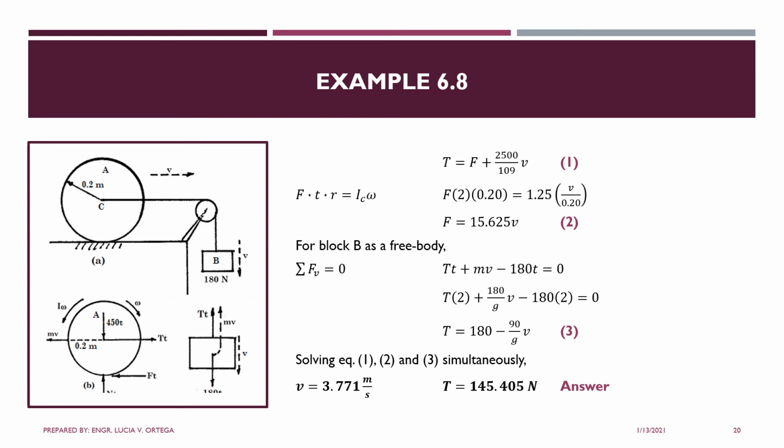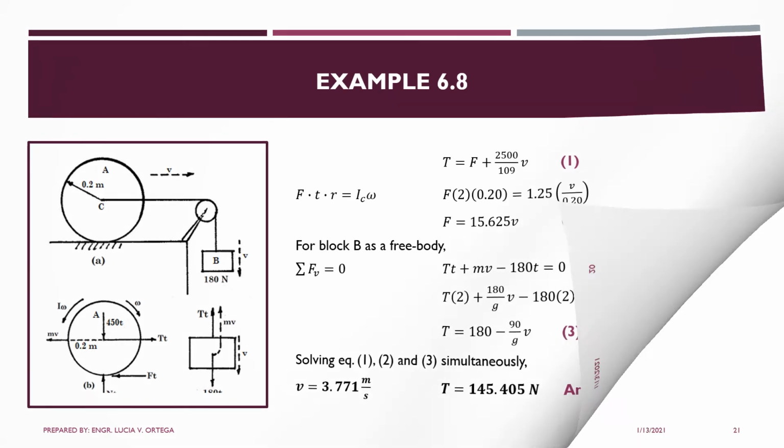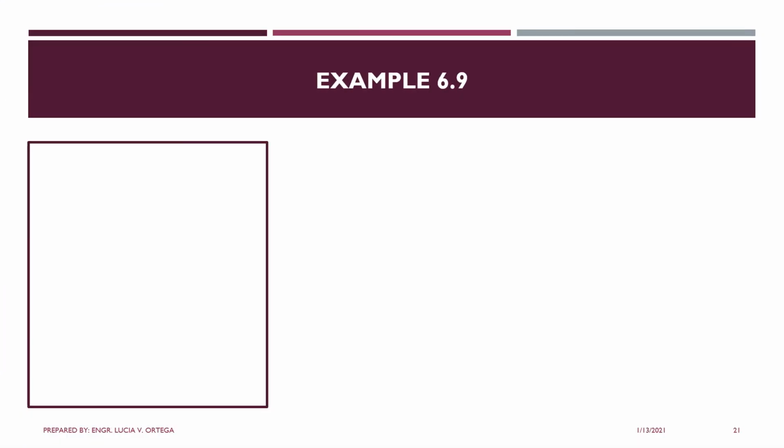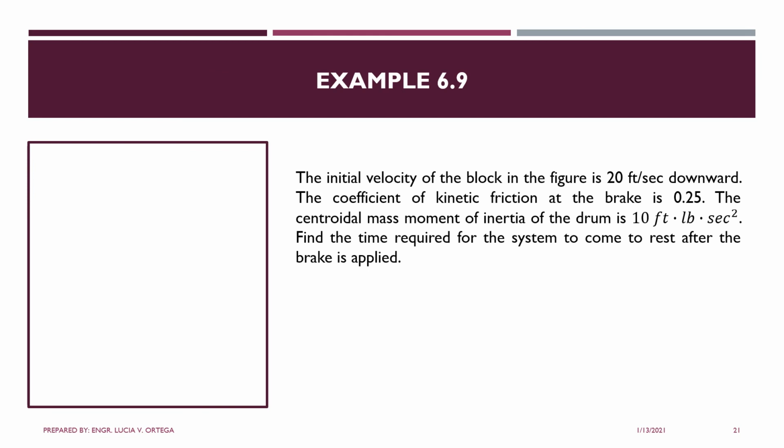We can substitute equation 2 to equation 1 and then solve the equations simultaneously. And then it will give you the velocity, 3.771 meter per second, and the tension in the cord, 145.405 Newton.